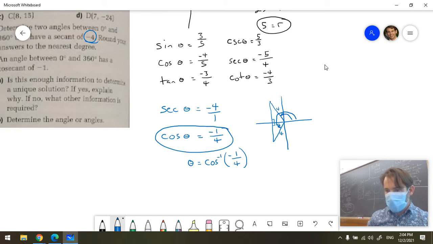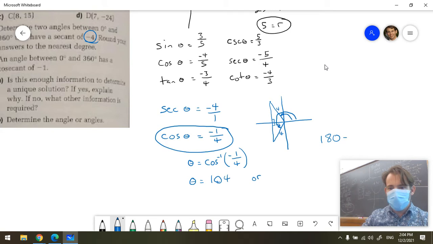Okay, so that is telling me this angle. Now I need to find the related acute angle and reflect that through this axis. So theta is equal to 104, and that's the answer to this question.